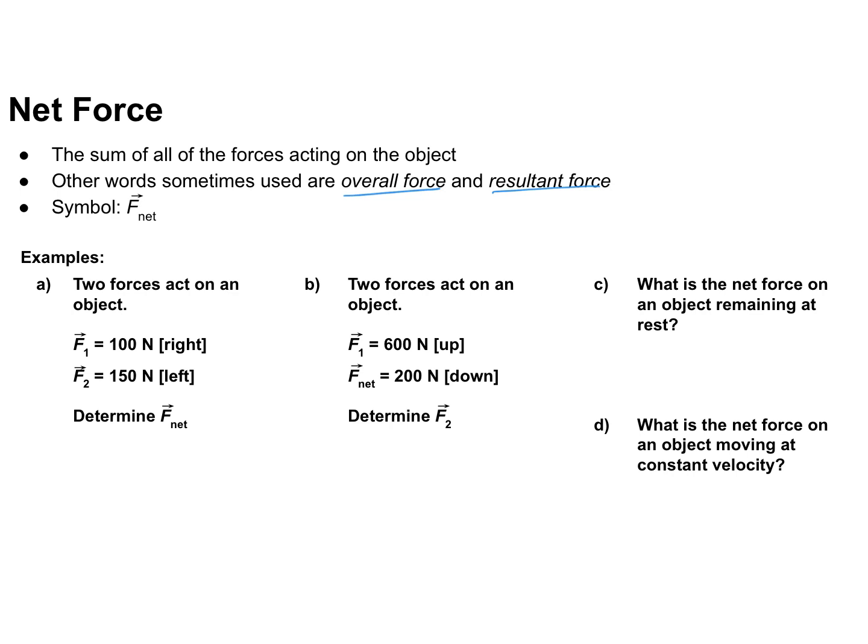So we'll try to calculate the net force in these examples. A. I have two forces acting on an object, 100 newtons to the right and 150 newtons to the left. They're in directly opposite directions to each other. So for the net force, I ask which one's bigger, that one wins.